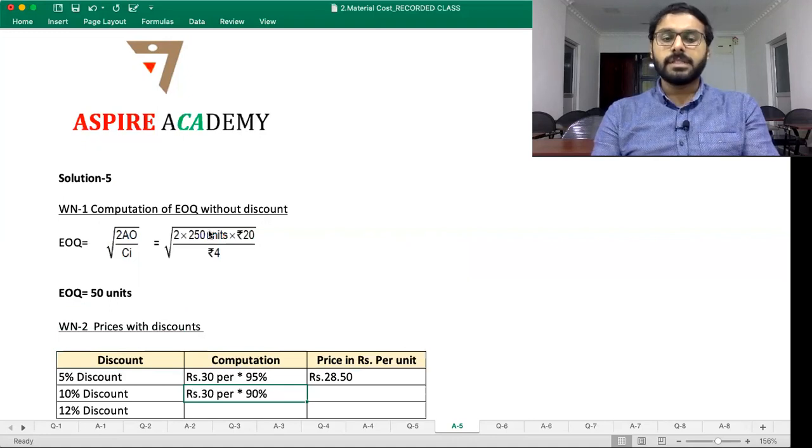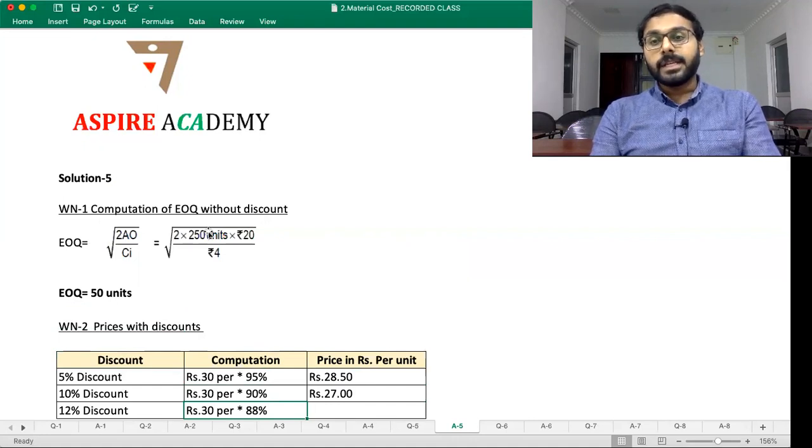Similarly, when 10% discount is taken off, 30 rupees into 90%, my price works out to 27 rupees. And when 12% discount is given, 30 rupees into 88%, my discounted price works out to 26.40. So these are the 3 different prices that I can expect when the discounts are worked out.